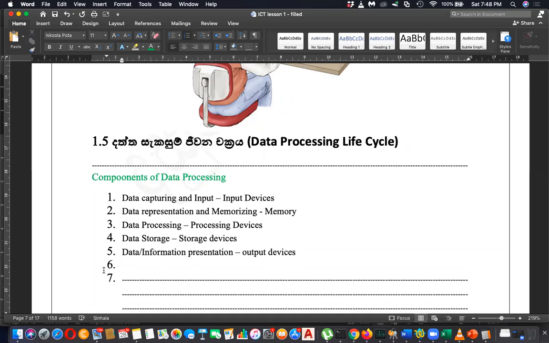There's a sixth one. Can you tell me the sixth one? Data capturing and input, then data representation, memorizing, data processing, data storage. Finally, one thing is missing. What is the last one?